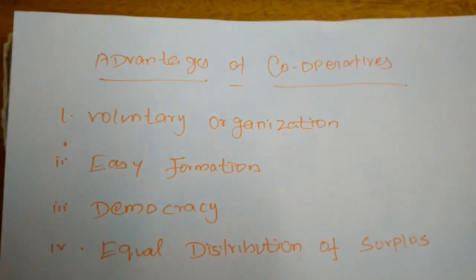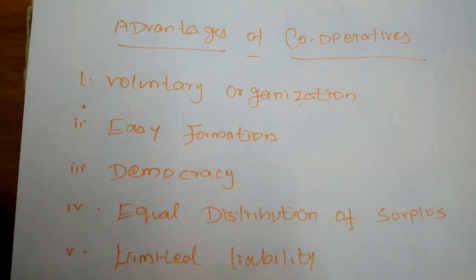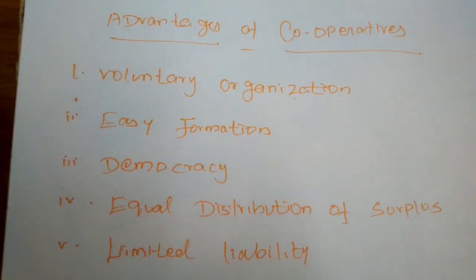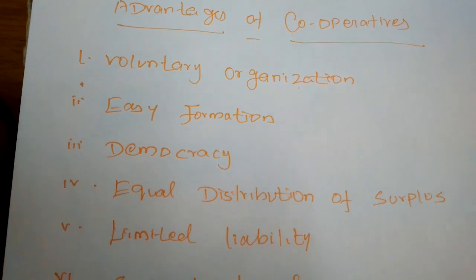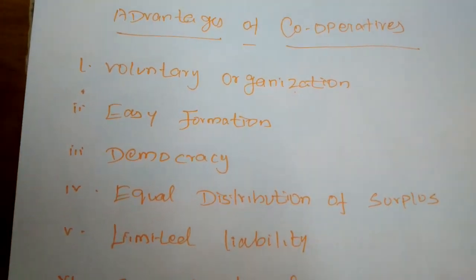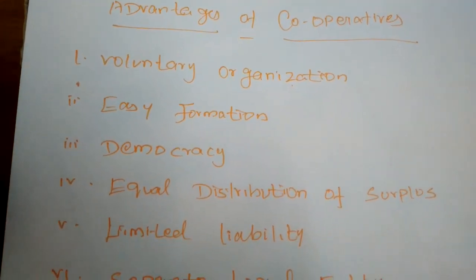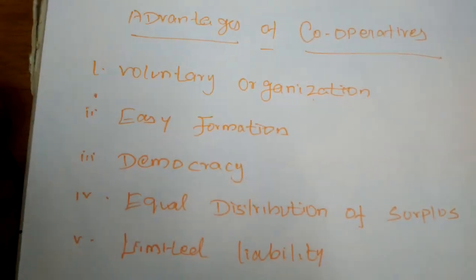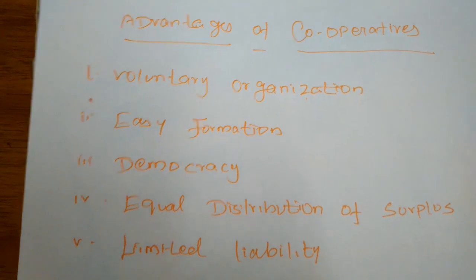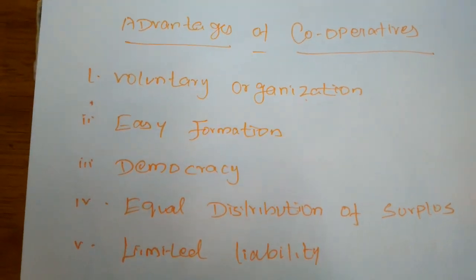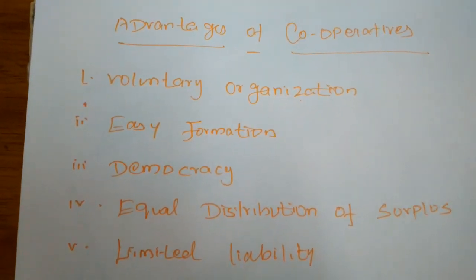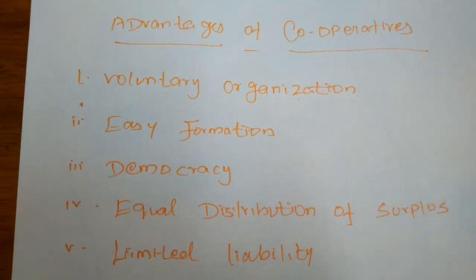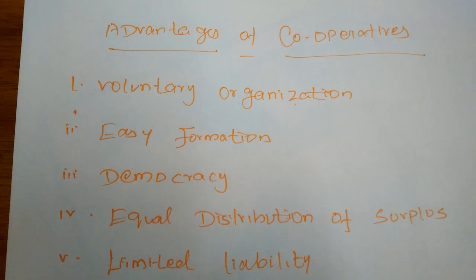So last day we studied the advantages of cooperatives. What are the advantages of these cooperative organizations? First one is voluntary organization. In cooperative organizations, the membership of a cooperative society is open to all. If any person wants to join as a member, they can easily join, and if they want to leave the organization, it is also very easy.